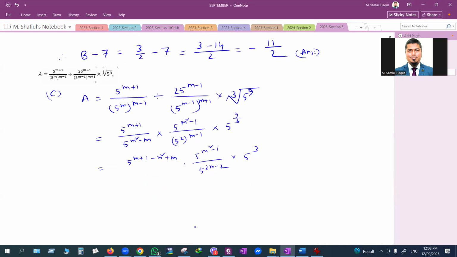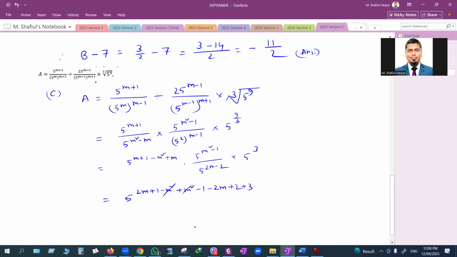Next. So this is all the 5, so there's 5 to the power 2m plus 1 minus m squared. Here we get m plus m, there's 2m, plus 1 minus m squared, then again plus m squared minus 1, and minus 2m plus 2, plus 3.